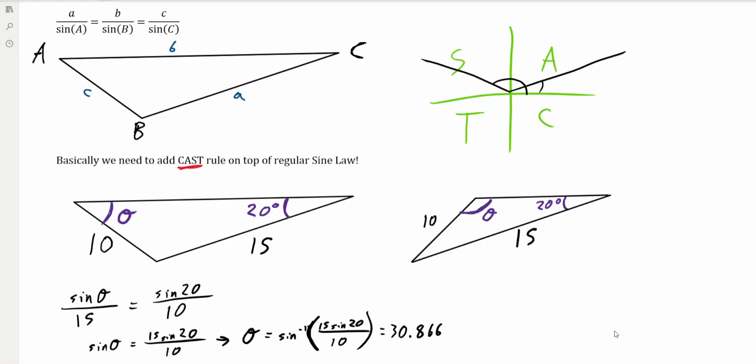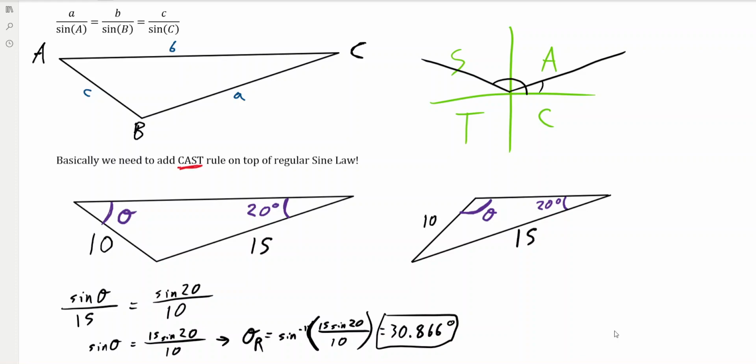You'll notice that this is our angle, but it's only the acute version. That is actually the reference angle. And it does work for one of the two angles because the reference and the standard angle are the same in quadrant 1. However, how are we going to get this obtuse angle?